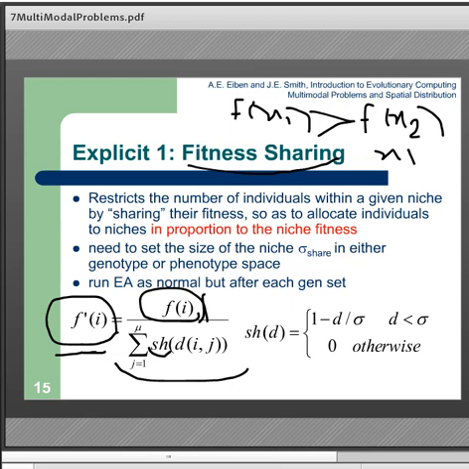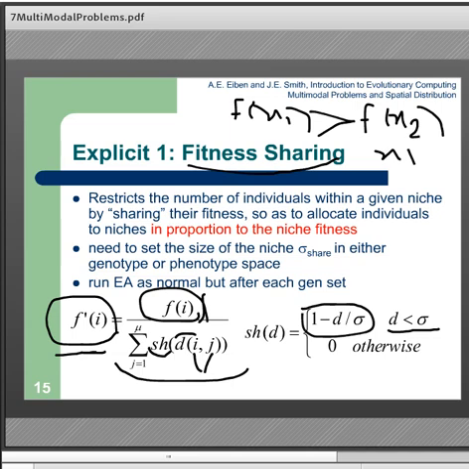Sharing uses SH as an abbreviation. SH of d(i, j). We have two elements, element i and element j. These two elements have a distance. The distance is d, and SH(d) is given by this formula.